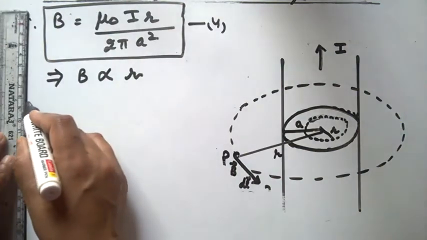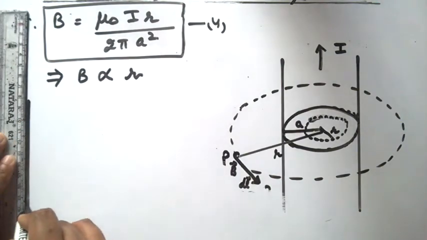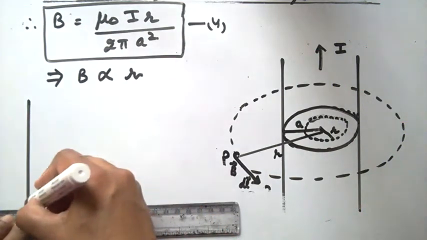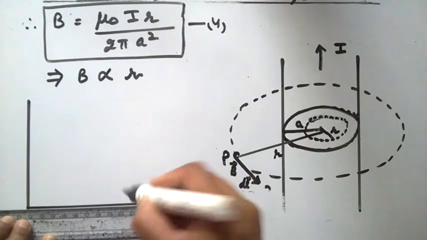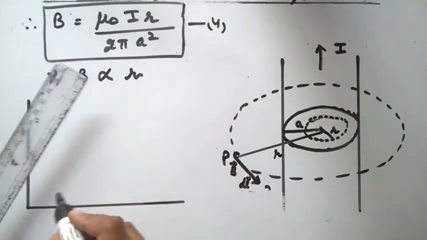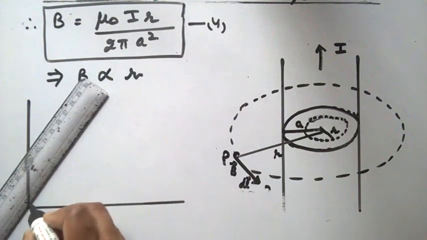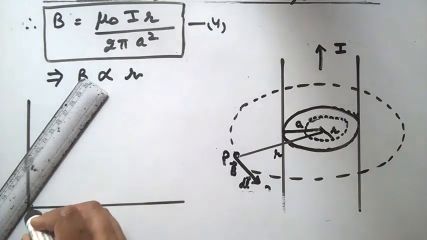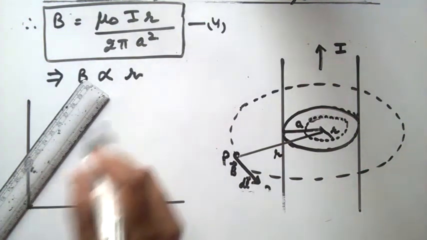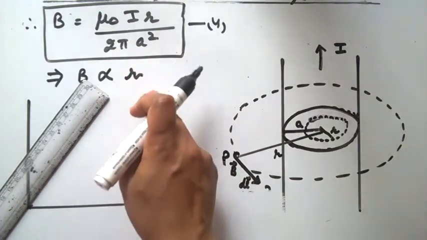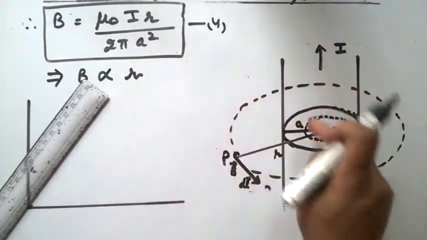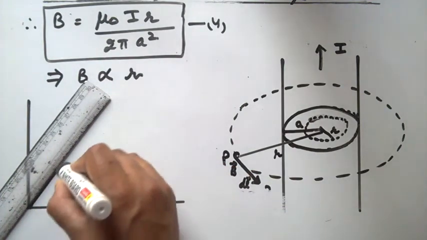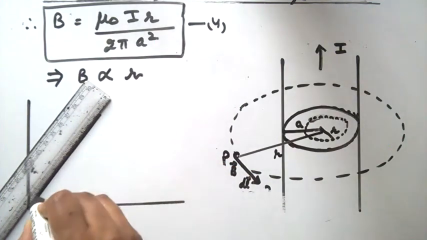By all these cases, we can draw the variation between magnetic field and the distance. Inside the wire, we have seen that magnetic field is either 0, or in the second case, when current is uniformly distributed, it is directly proportional to the distance. Thus, the linear graph.